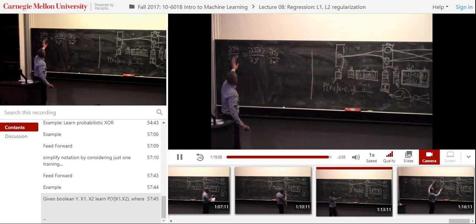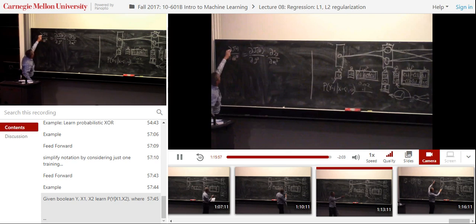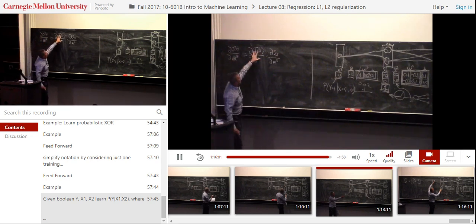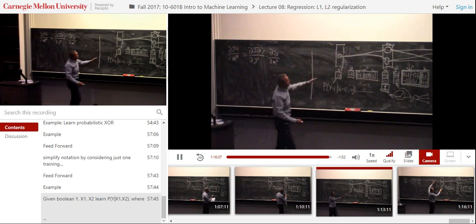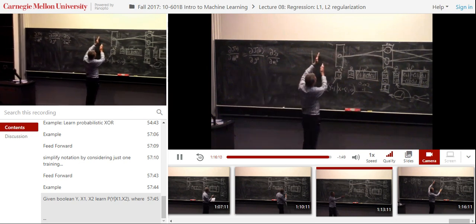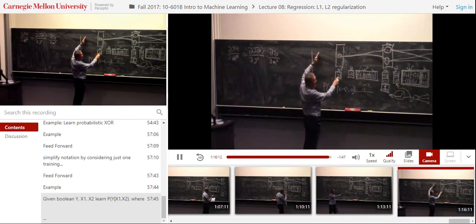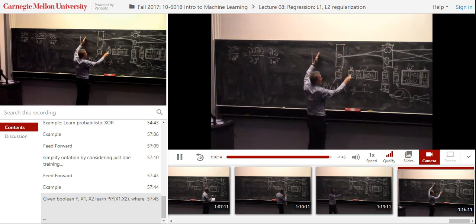So the chain rule tells me that if I want to know the derivative of our cost function with respect to any parameter, I can always factor it into two terms like this. First I'll get the derivative of the cost function with respect to this. Then the derivative with respect to this will be simply what I already calculated plus the derivative of this with respect to this. Now I have the derivative of the cost with respect to this.